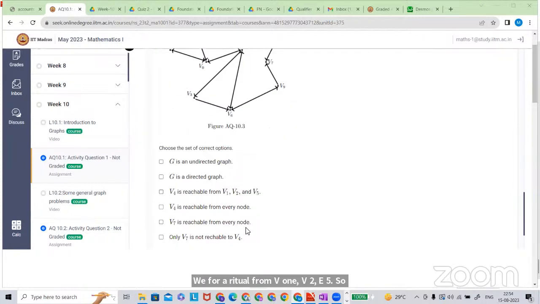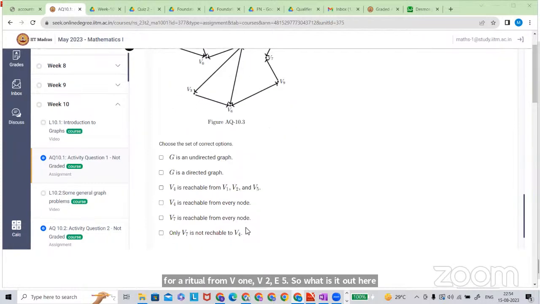So what is the doubt here? Sir, I want to know how V4 is reachable from V1, V2, and V5.